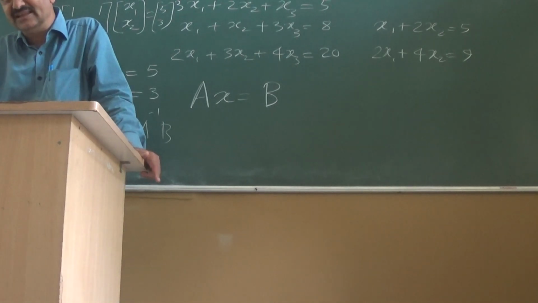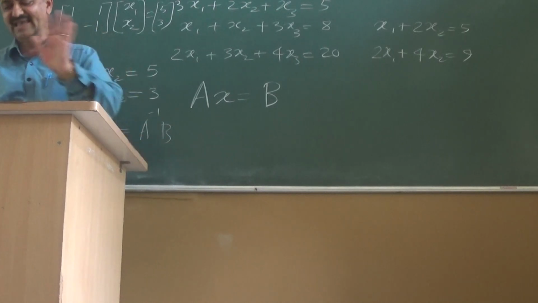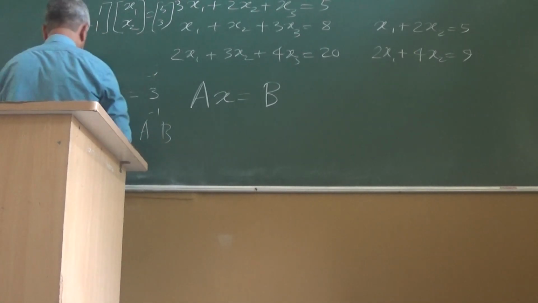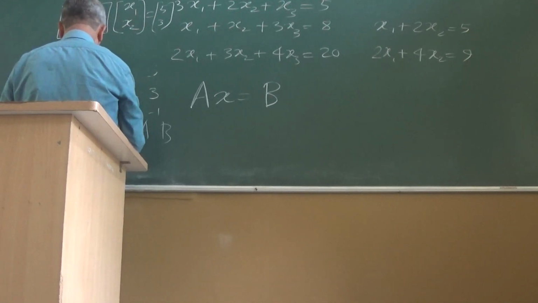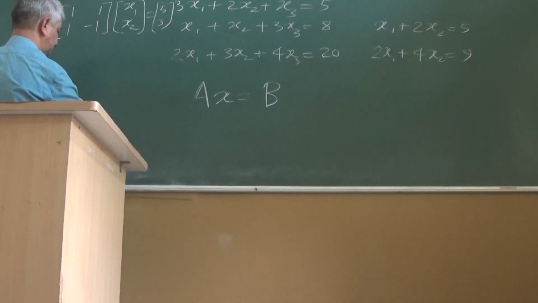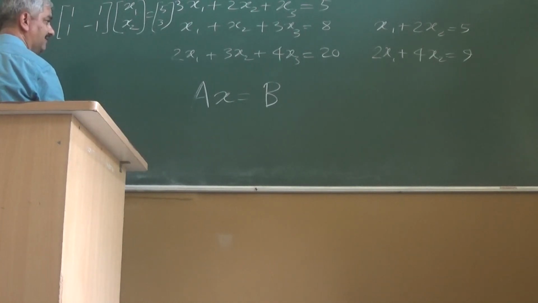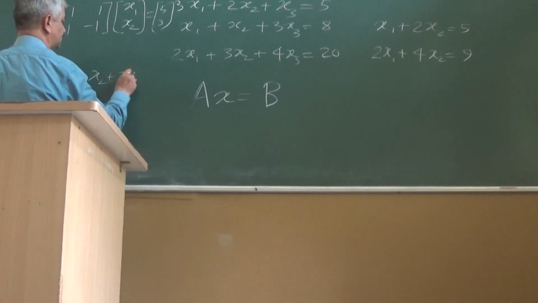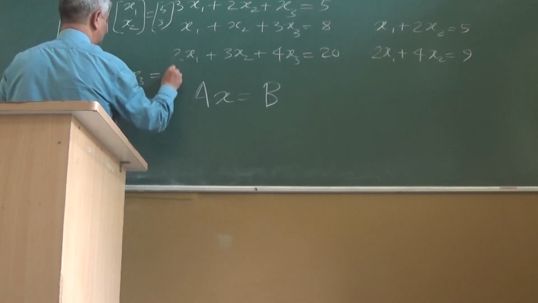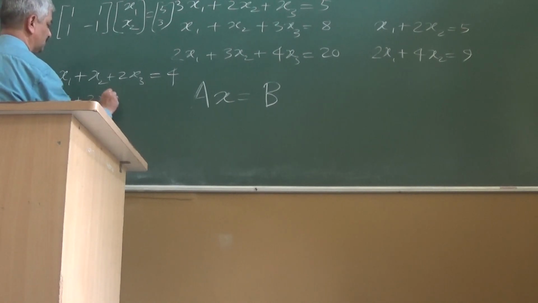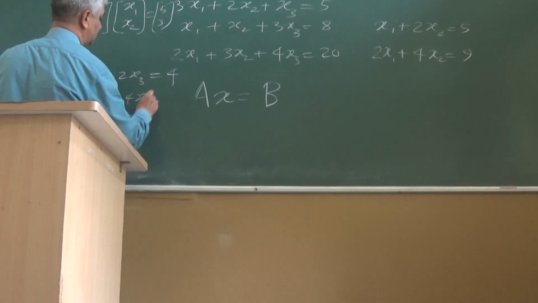Again, it is likely that, suppose I take a system with three variables: x1 plus x2 plus 2x3 is equal to 4, and 2x1 plus 2x2 plus 4x3 is equal to 7.